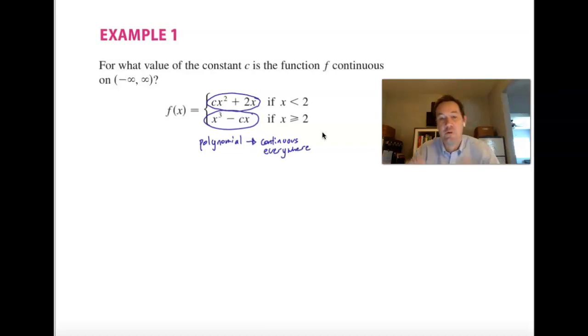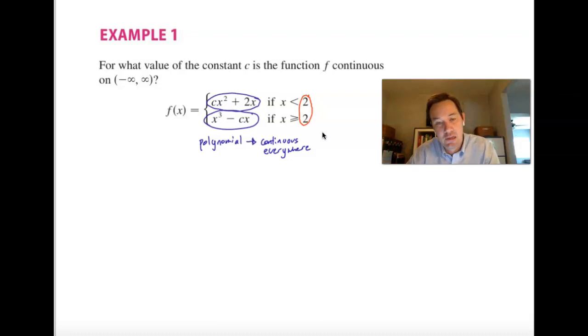So the only location we need to be worried about a possible discontinuity is where the function is pieced together, at 2. We just want to make sure it maintains continuity there.